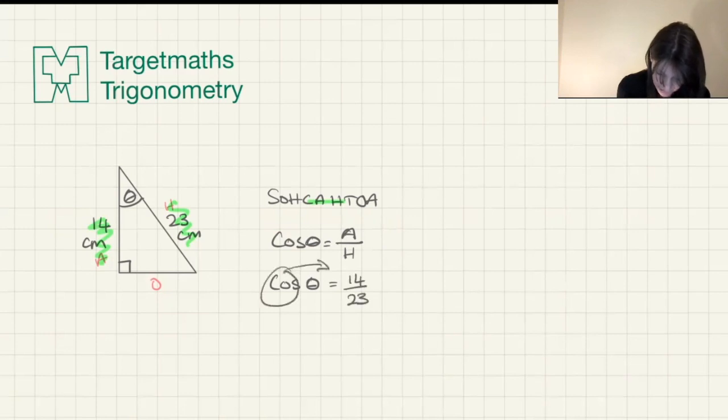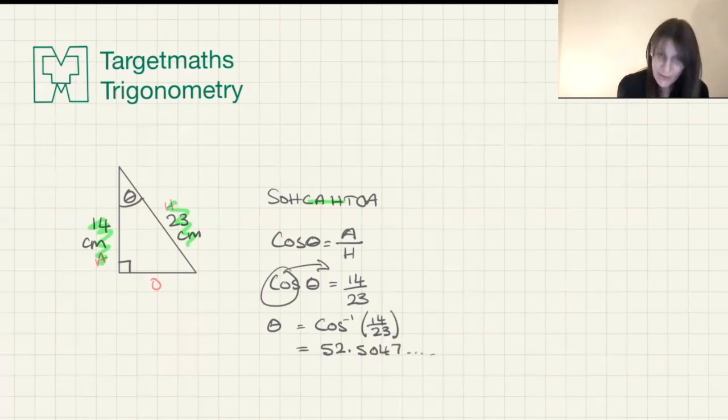Move cos so that what we're looking for is on its own. That is going to land as cos minus 1, and then 14 divided by 23. Put it in your calculator, and you get 52.5047, and on it goes.